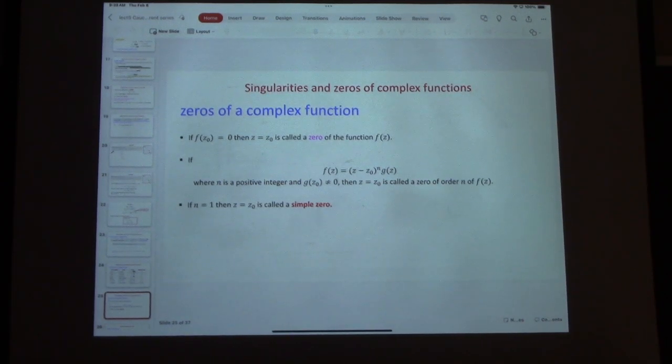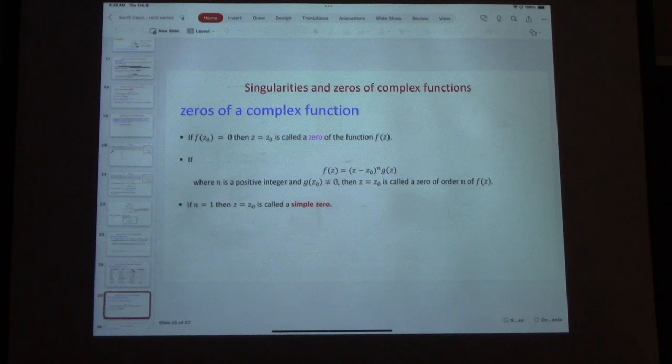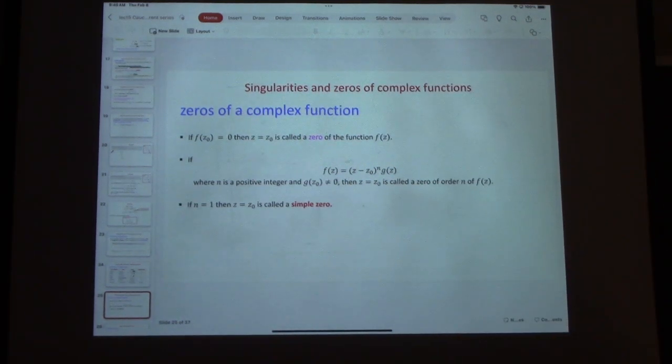All right, then let's talk about the other extreme, zeros. Of course, zeros and poles, they are the inverse of each other, right? Something goes to 0 is 0. Something divided by 0 causes a lot of trouble. So we also need to investigate zeros of complex functions. And the definition is just very simple.